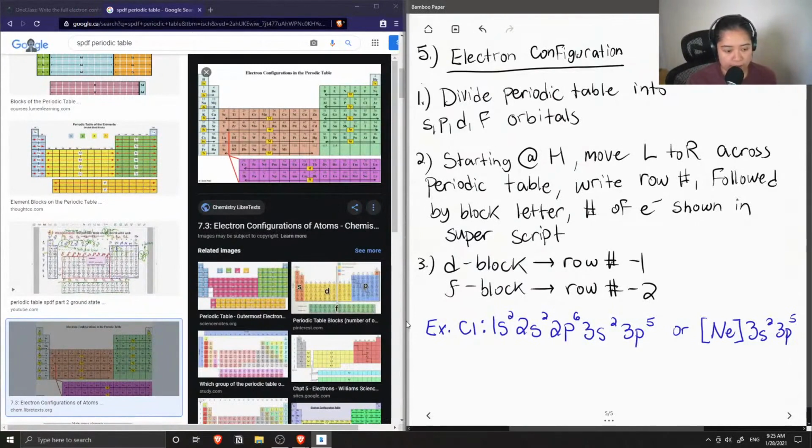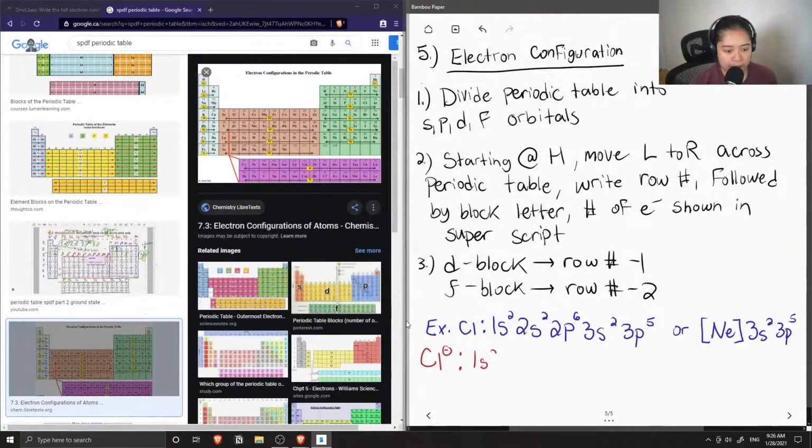So now we need to write the electron configuration of the chlorine ion, chlorine minus. Chlorine minus has an extra electron, and we know that because it has a -1 charge. Since it has an extra electron, this is going to change our electron configuration, so we're going to add an additional electron.